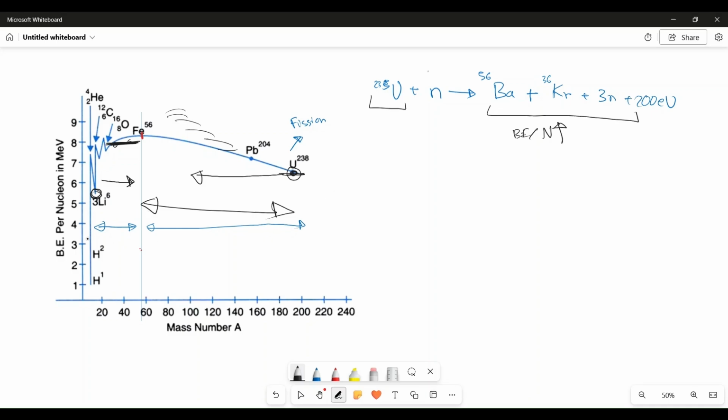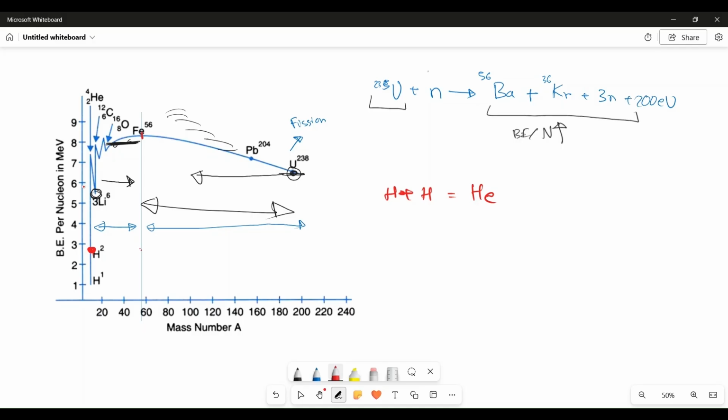Now if we talk about fusion reaction, we know in fusion reaction two atoms combine together to create a heavier nucleus. So suppose we take two hydrogens to make helium, right? For hydrogen, we have here binding energy per nucleon.